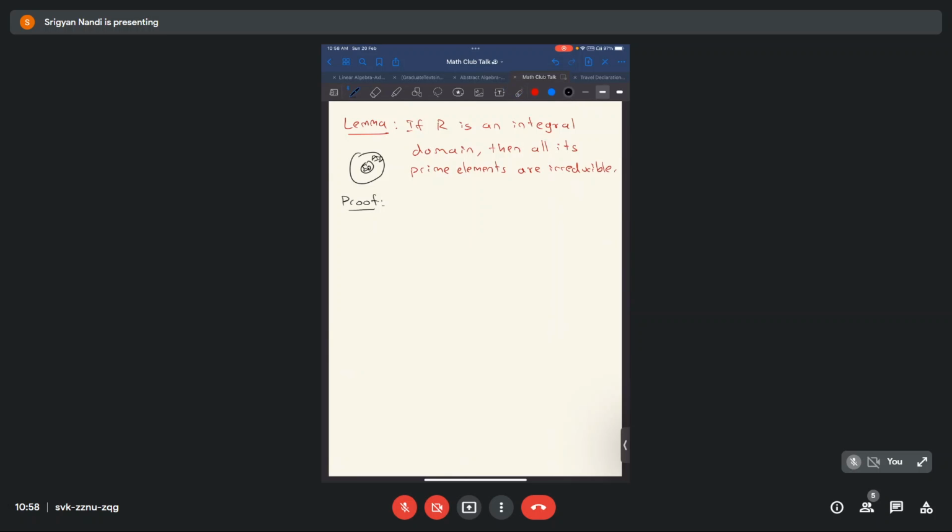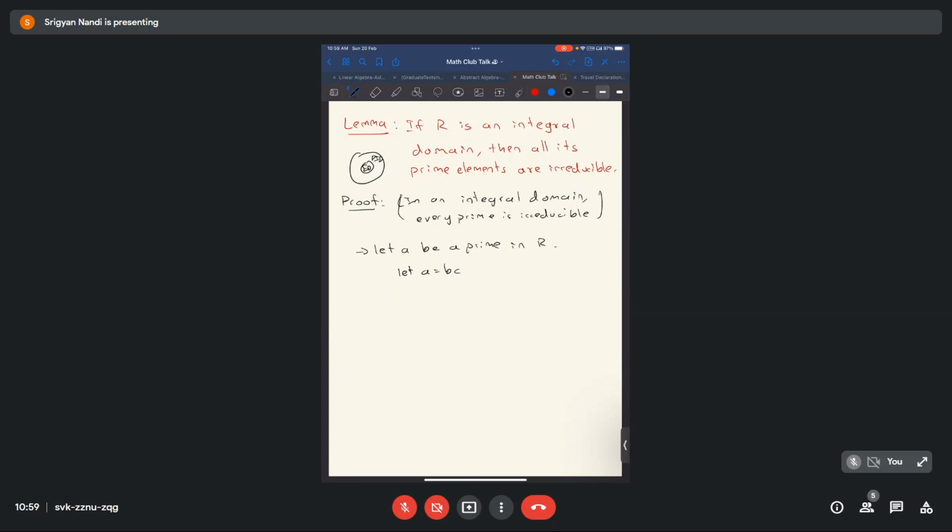So basically, our theorem states that in an integral domain, every prime is irreducible. So this is what we want to prove over here. And this is a very trivial proof. Let A be a prime in the integral domain R. Let A be equal to some BC.